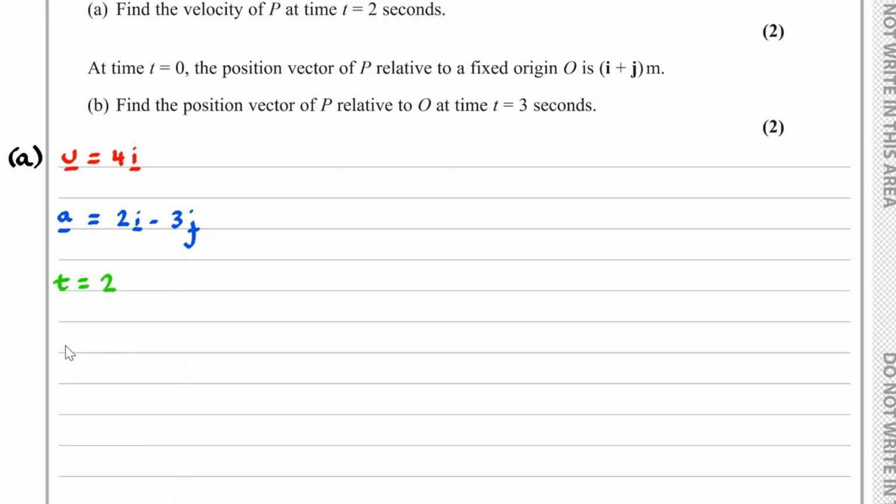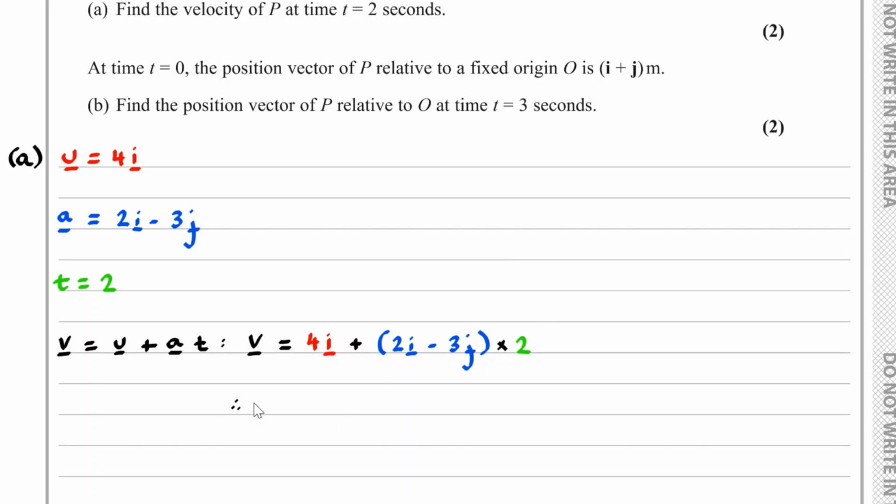So, if we use v equals u plus at, we are finding out what v is. That's equal to u, which is 4i. We add on to this the acceleration, 2i minus 3j, and then we will multiply this by t, which is 2.